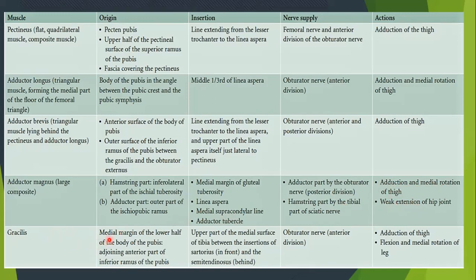Gracilis, I think, is the only muscle of the adductor group which is not inserted into the femur. It originates from the medial margin of the lower half of the body of the pubis, also from the adjoining anterior part of the inferior ramus of the pubis, and inserts into the upper medial surface of the tibia, between the insertions of sartorius in front and semitendinosus behind.